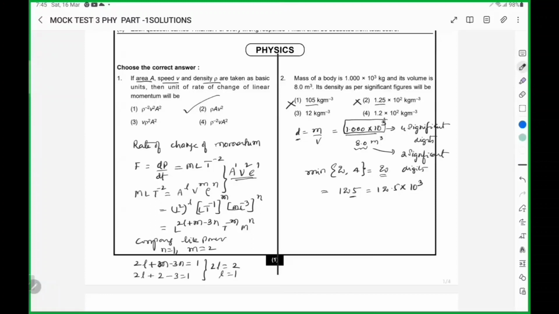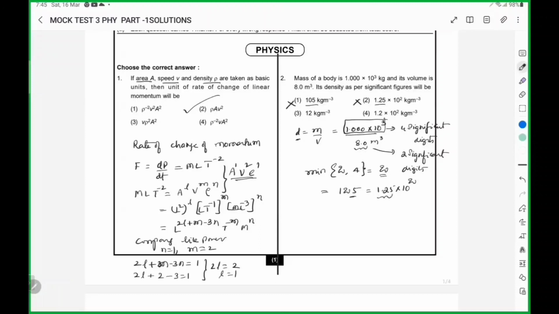We want 2 significant digits. So I'll write it as 1.25 into 10 square. Still it has 3 significant digits. We should round it off so that it has finally 2 significant digits.